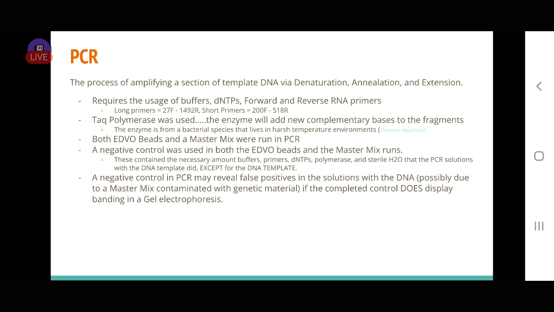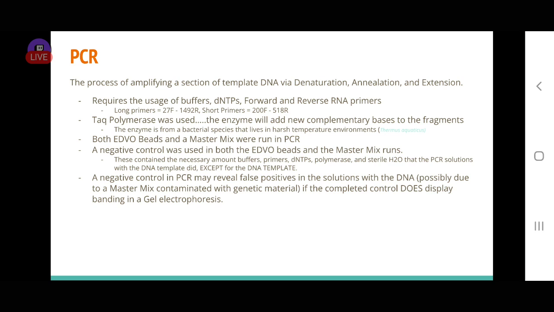More information on PCR. PCR requires the usage of buffers, dNTPs, which are free nucleotides, as well as the forward and reverse primers. We had two sets of primers. We had a long primer mode where we are using a 27 forward and 1492 reverse primer.